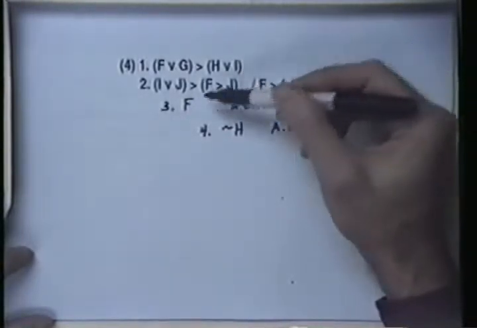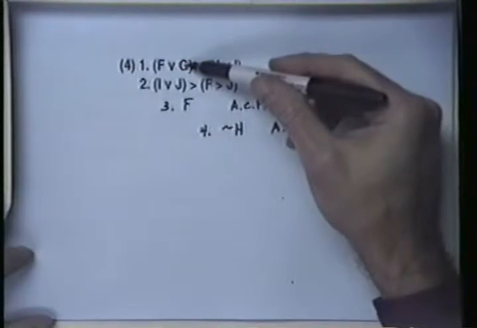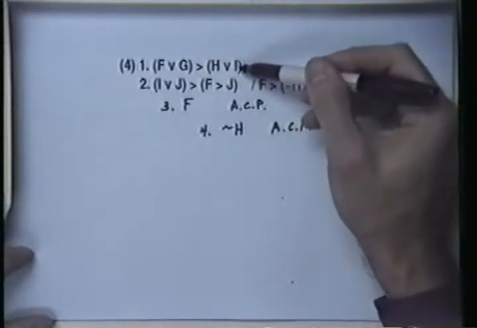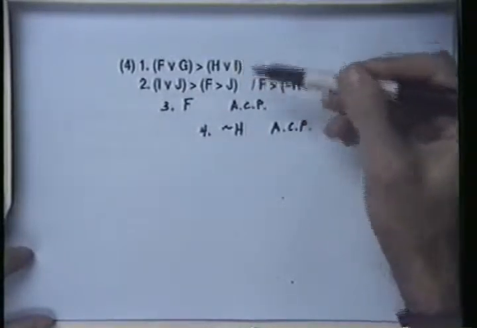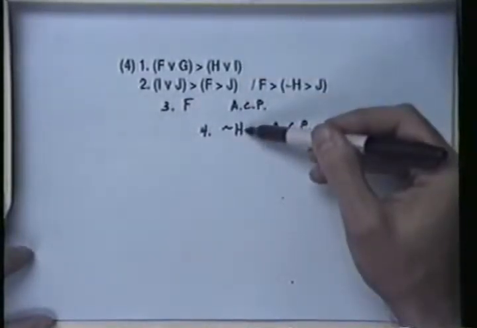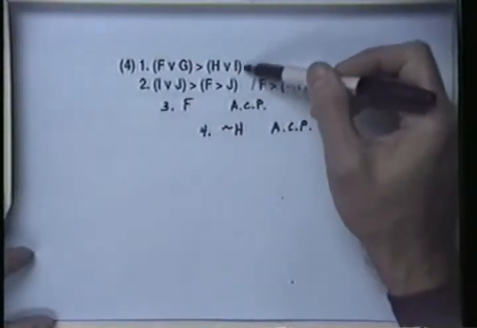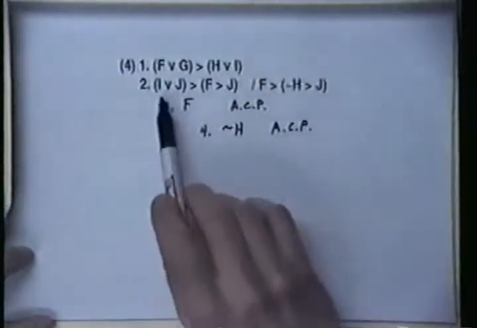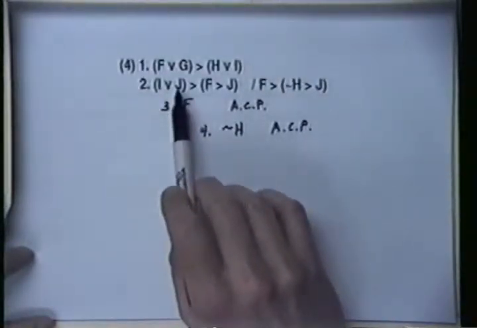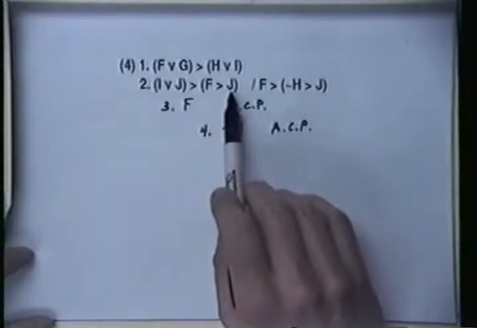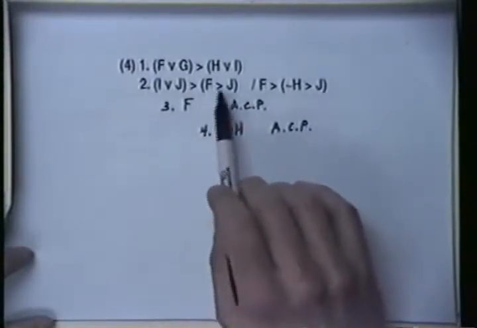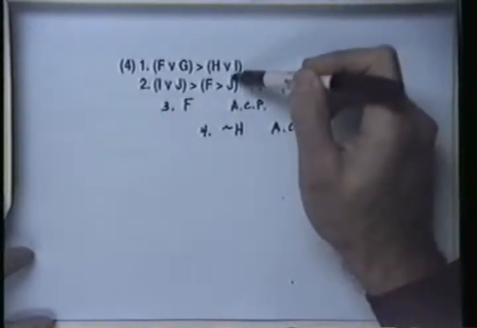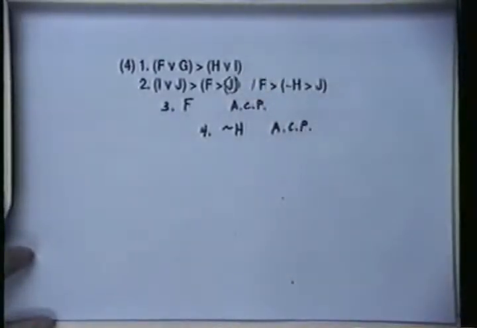Well, we've got F, so clearly we can have F or G just by simple addition, and therefore we can get H or I. That, of course, will help, since also having not H, disjunctive syllogism tells us that we can have the I. We can conclude I. And that will help because with addition we can have I or J, therefore getting into here. We've got the F, so modus ponens will allow us to get this J. So the J that we're actually going to derive is this occurrence of it right here.